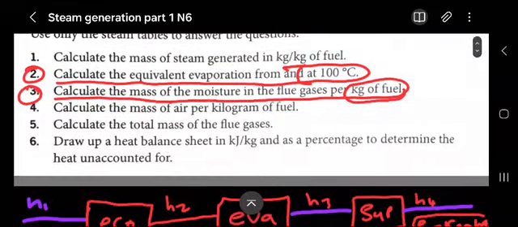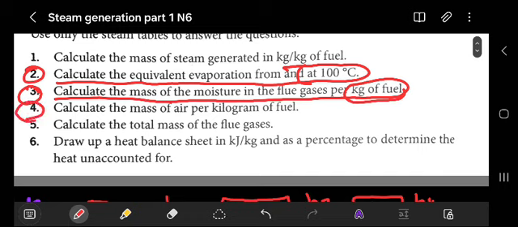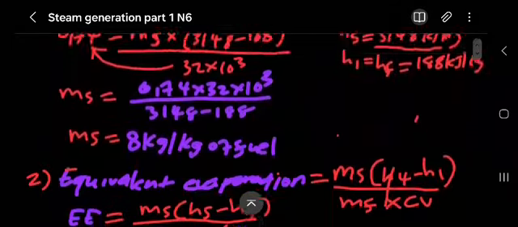Then number 4 says calculate the mass of air per kg of fuel. All right, number 4, the mass of air.